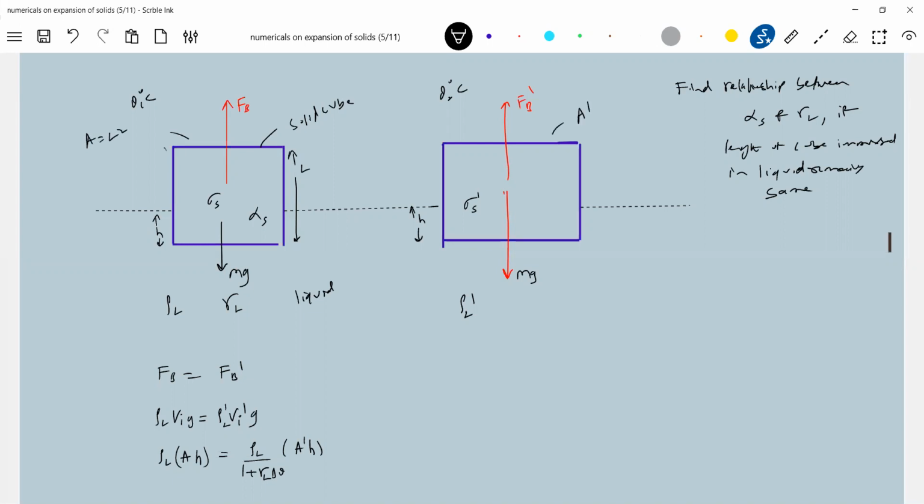This will be A dash. G will get eliminated, so now this will be rho A H, and H will get eliminated. Now what is A dash? We can write it as A into 1 plus 2 alpha S delta theta.